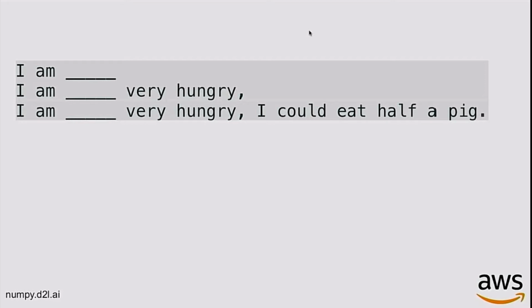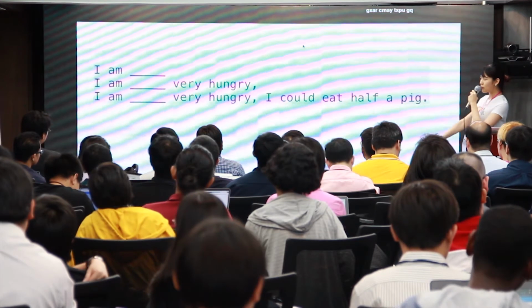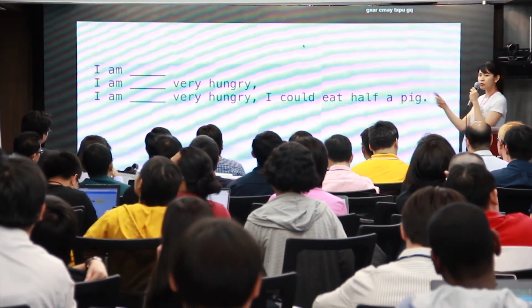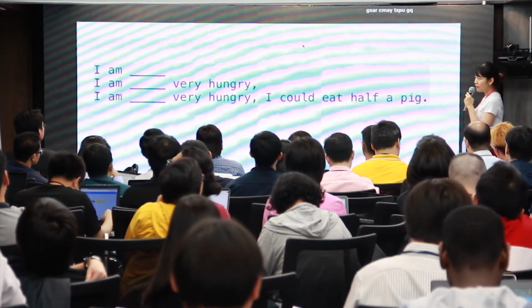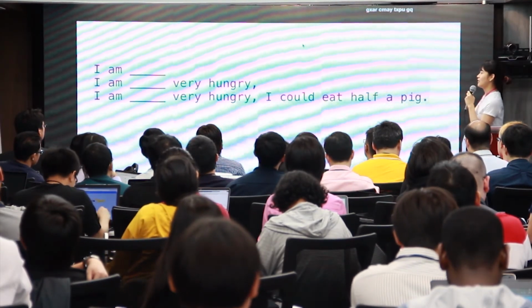Yeah, exactly. So the first one is I am hungry, to keep them consistent. The second one and third one is a little bit tricky. The second one you can put I am super hungry, I'm very hungry, or I'm not very hungry. So they're totally towards different direction. But for the third one, you will definitely know it won't be a not, because I can eat half a pig.